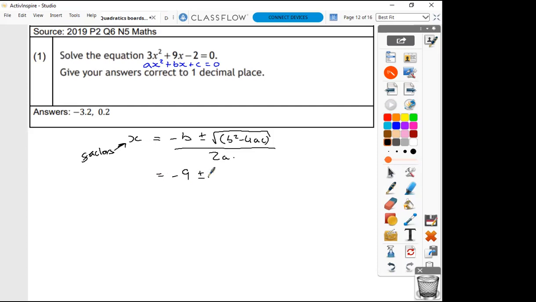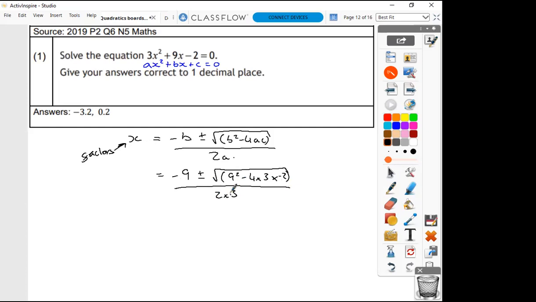I'm going to leave this as plus and minus, and I'm going to do root of 9 squared minus 4 times a, which is 3, times c, which is negative 2. And it's all over 2a, which is 2 times 3.